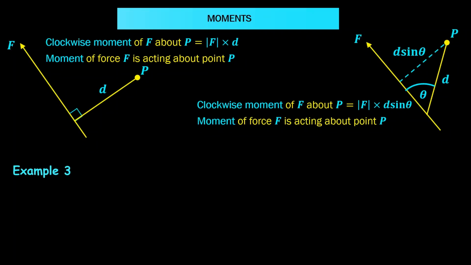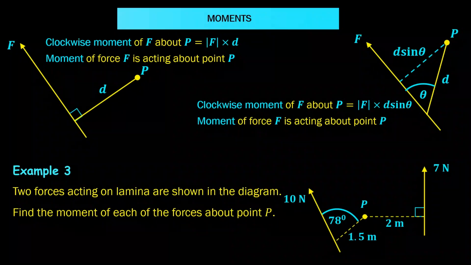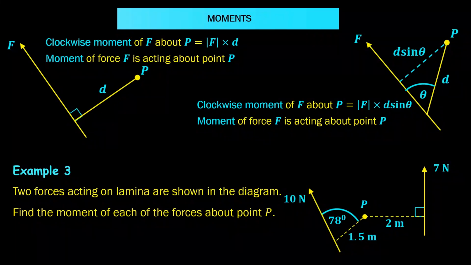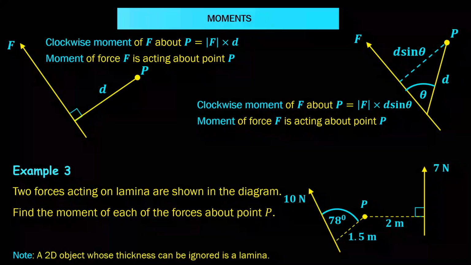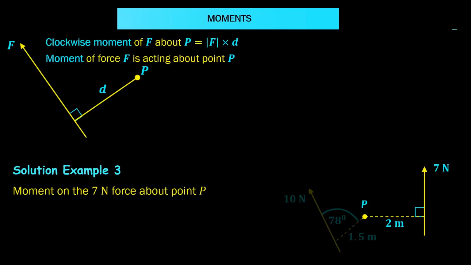Let's take a look at another example. This time, two forces acting on a lamina are shown in the diagram. Find the moment of each of the forces about the point P. Notice that a 2D object whose thickness can be ignored is a lamina. Let's take a look at this force first.